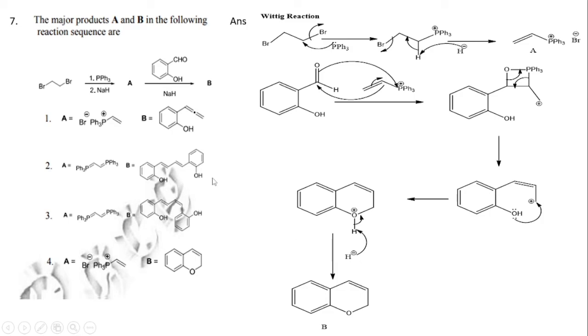Then hydride will be there, where they have given this hydride. This hydride will remove this proton to form this epoxide. What is this, ether? So this is the product B. Okay, so option 4 is the correct option.